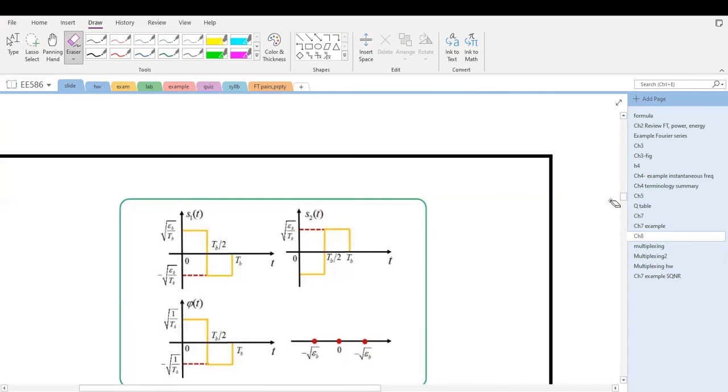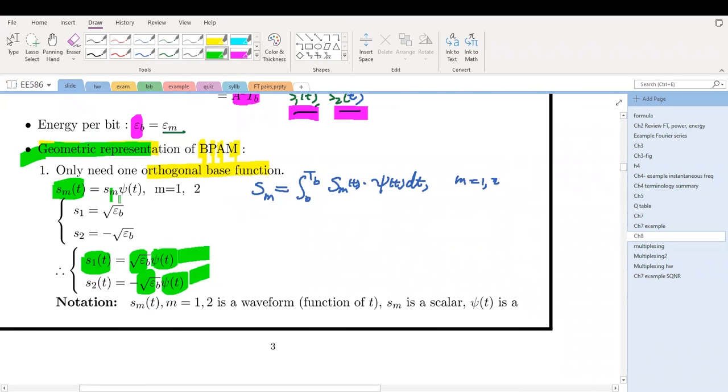To obtain a geometric representation, we need to find the orthogonal waveform. In this case, the waveform is like this, the positive rectangular and negative rectangular. The orthogonal base function has to have this format because the pulse is eventually a scaled orthogonal base.